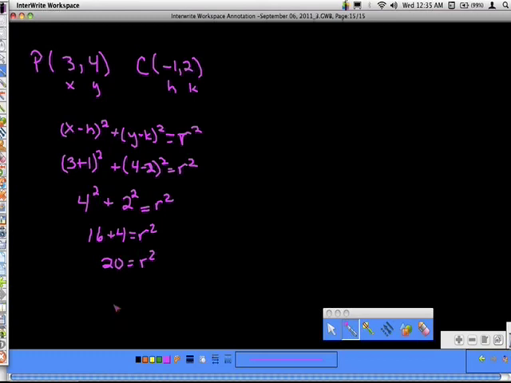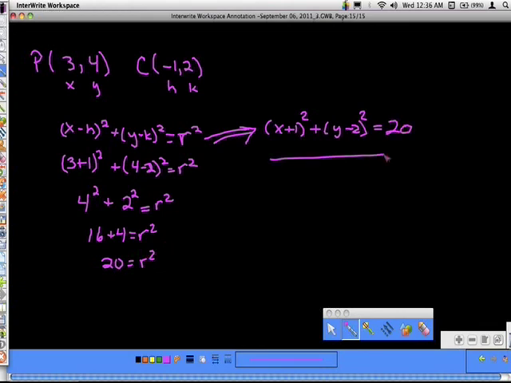If I needed to, I could find the square root of 20 and simplify that. But because all they want is the formula or our equation, we're just going to fill in h, k, and r. So our standard form for this particular set would be x plus 1, because it's minus a minus, that's squared, plus y minus 2, that's our k value, that squared equals r squared, which is 20.